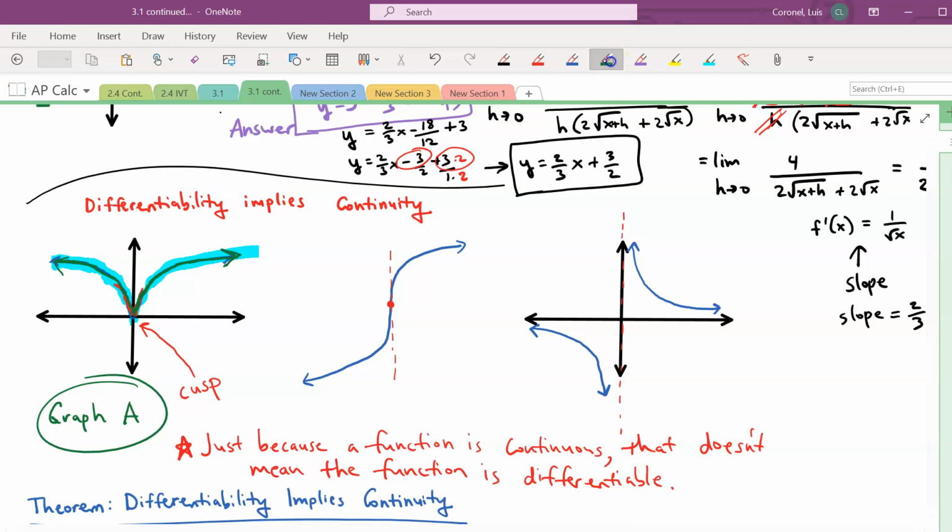If we look at graph B, this middle graph, along the graph this function is continuous. But once you get closer to the red dot, that's an undefined slope. That vertical part of the graph where the red dot is, that's an undefined slope.